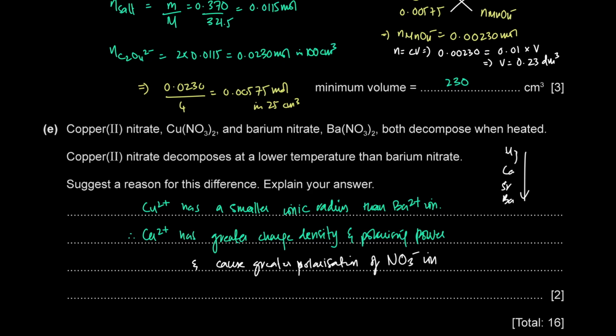So a lower temperature is needed for the decomposition of copper 2 nitrate. Or you can say that copper 2 nitrate is less thermally stable.